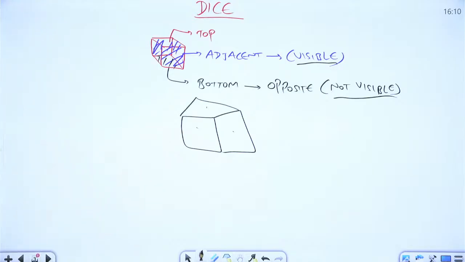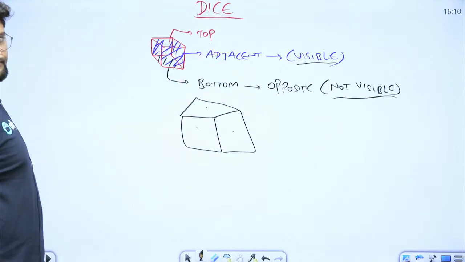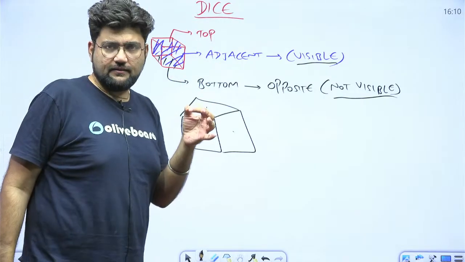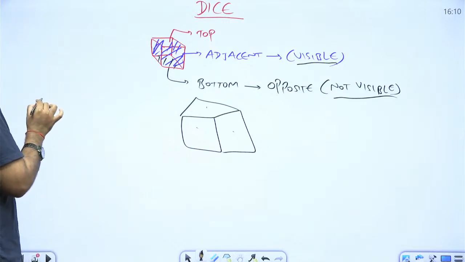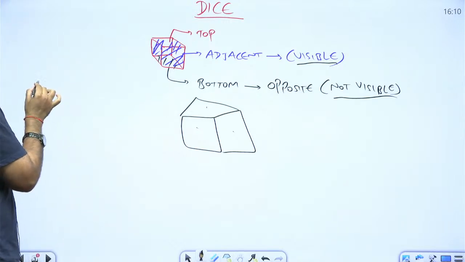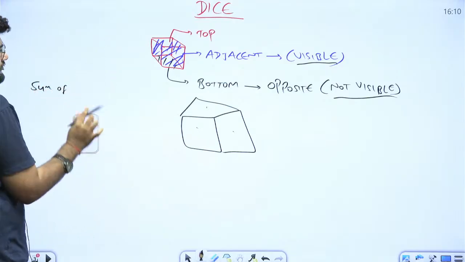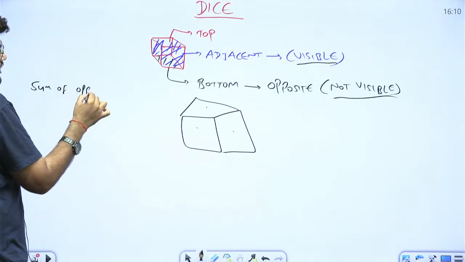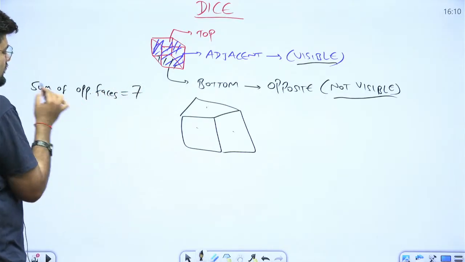Okay. Now, apart from this, the dice which we used to play with had a special feature in it. The sum of opposite faces was always equal to 7.